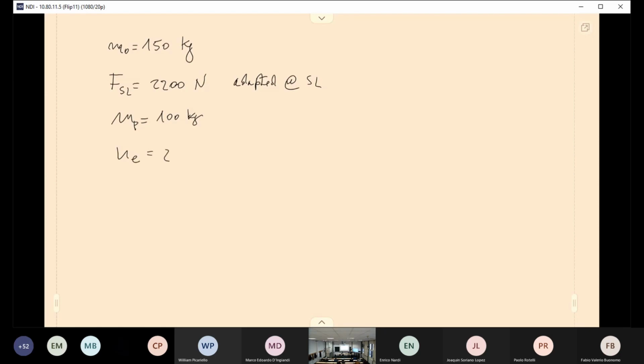We have also that the exit speed, in this case, is actually the exit speed at sea level. So where we have this adapted, the actual velocity at the exit of the engine is 2200 meters per second.